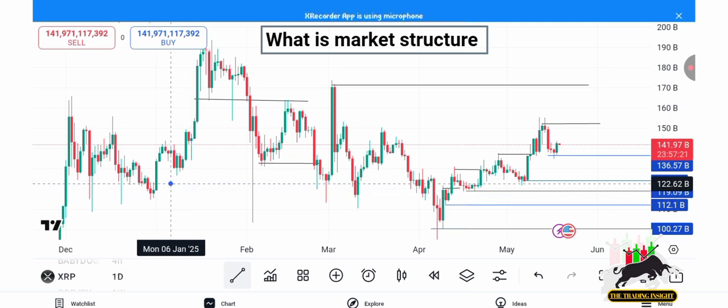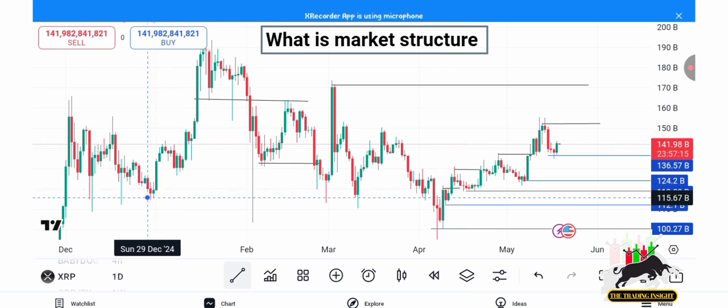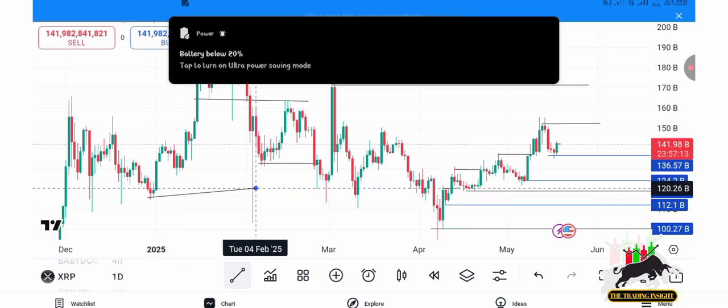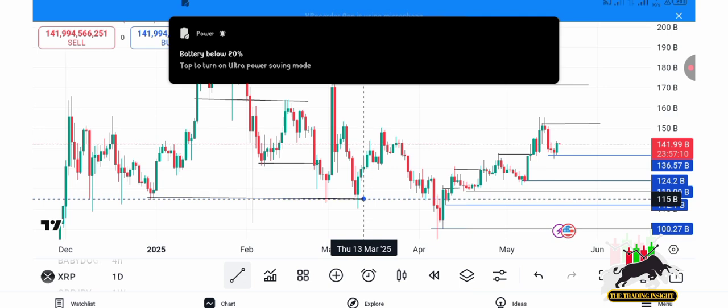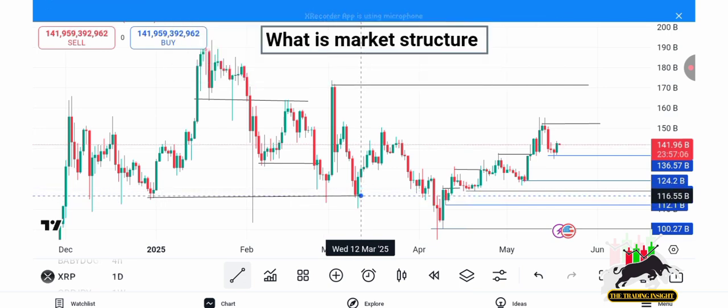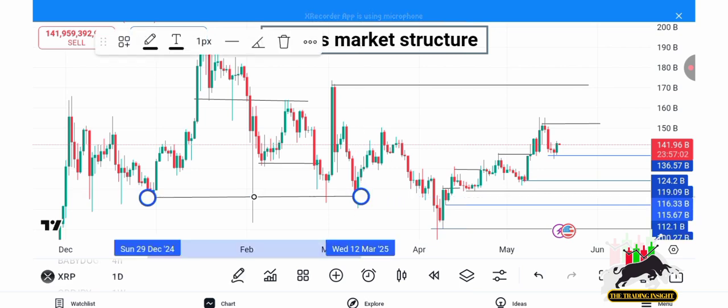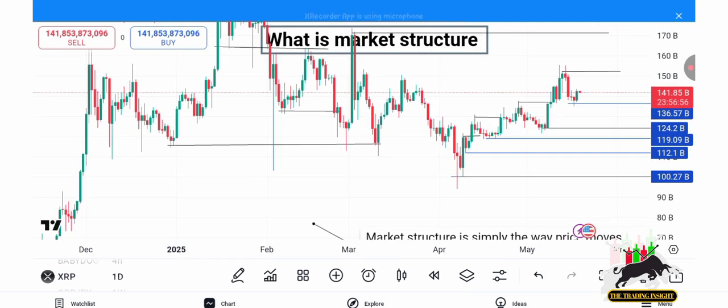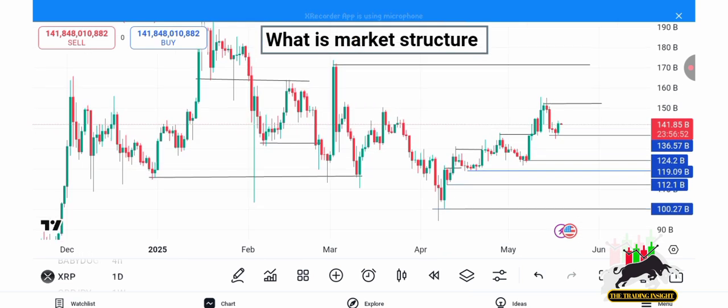This was still a low being broken, but this low is not really that strong to influence that downtrend. So it broke a low here also, and this is a little bit of a fake out. So it broke a low here, went back up to retest, came back, broke the final low, and also went back up to retest. So that is basically how market structure is.